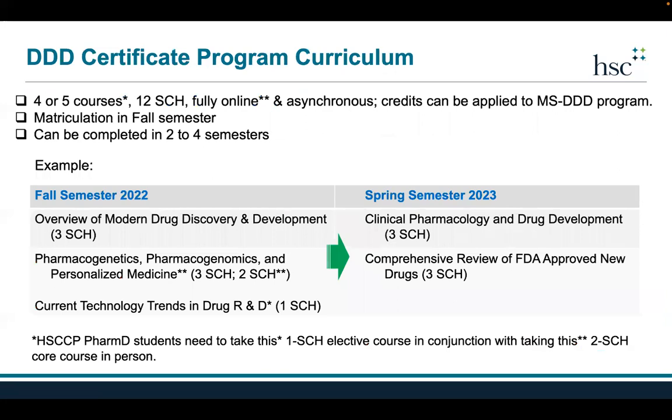Specifically about the DDT certificate curriculum, it consists of 4 to 5 courses, depending on the status. So regular DDT students only need to take 4 courses, each for 3 semester credit hours, for a total of 12 semester credit hours.